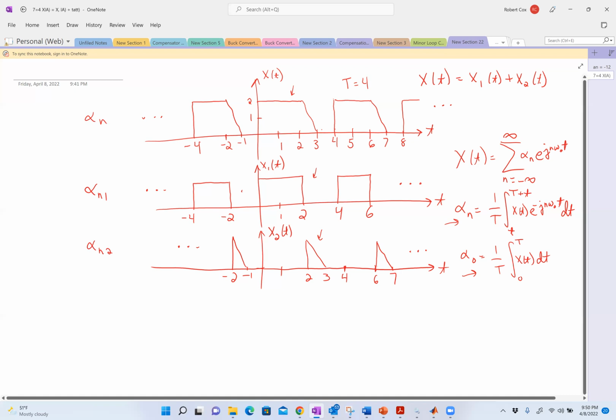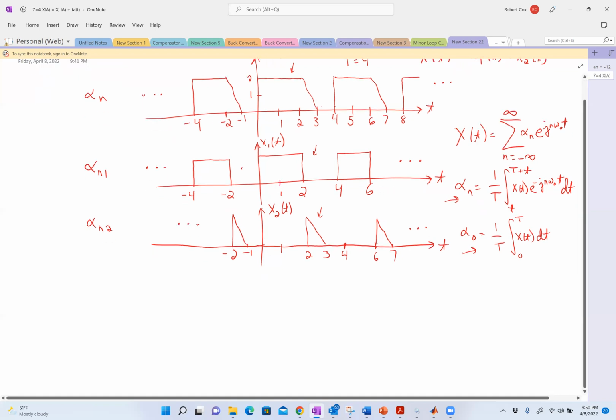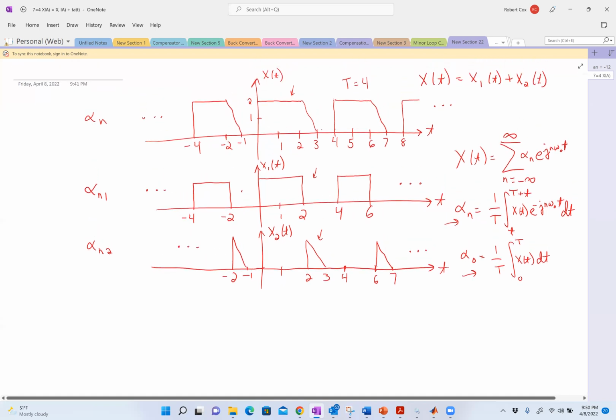Because if we think about the way you would get alpha n, alpha n is equal to 1 over T, and again I can choose whatever time period I want to integrate over. I'm going to integrate from 0 to 4, that's one period, of x of t e to the negative j n omega naught t dt.